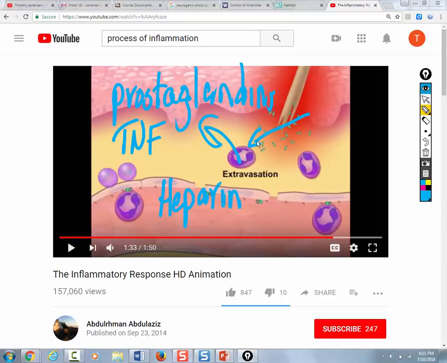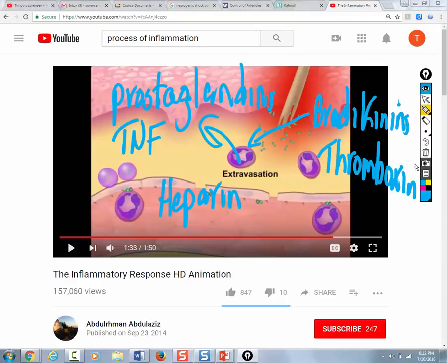The other thing that they release are these things called bradykinins. And the other thing that they release is thromboxane.